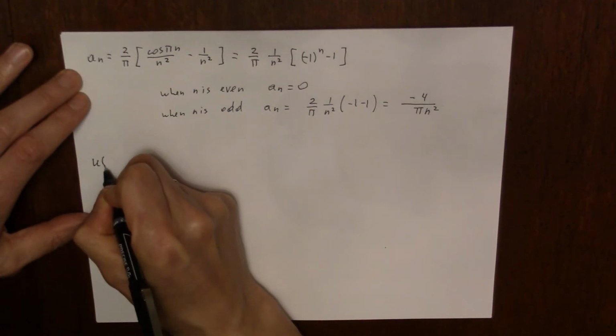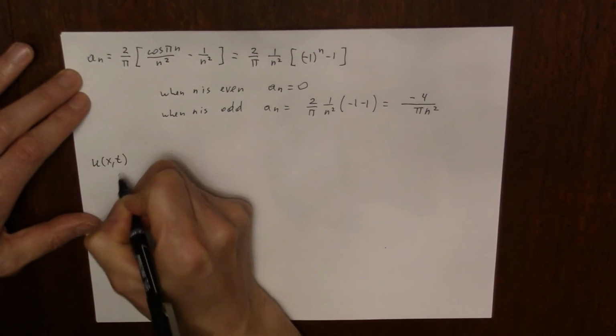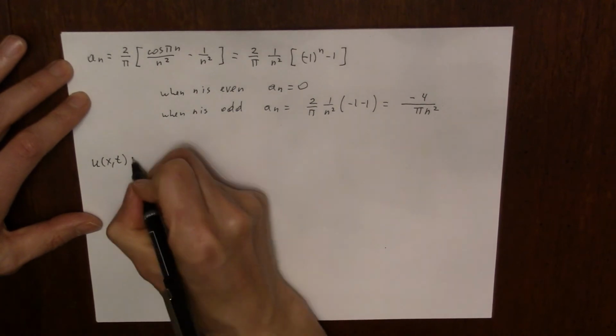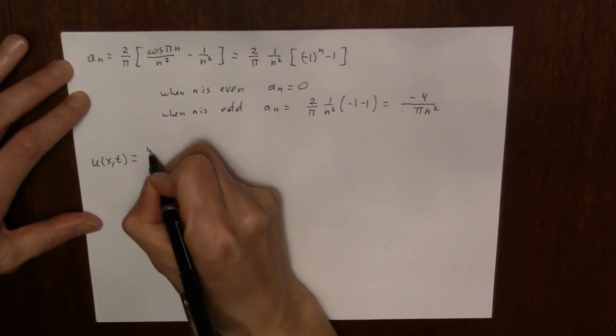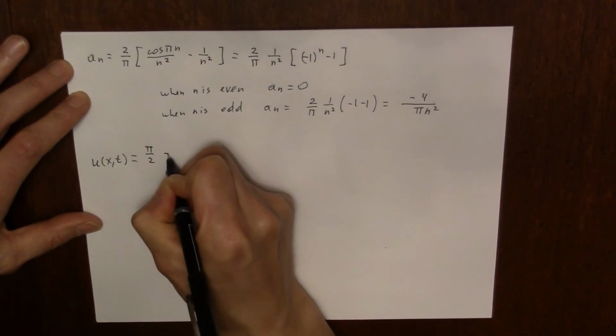What will be the expression for u of x, t? u of x, t equals a0 over 2. You recall that a0 equals pi, so pi over 2 plus.